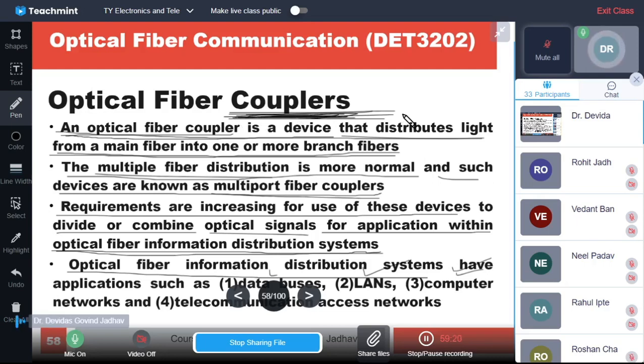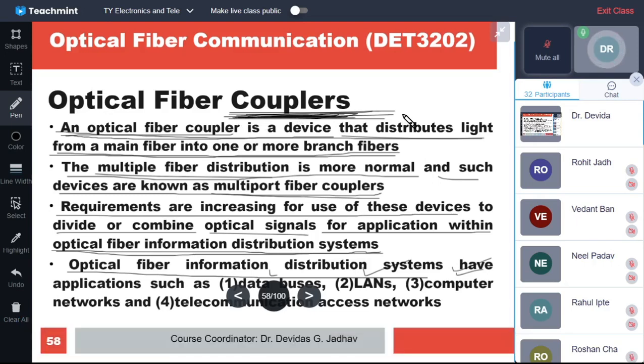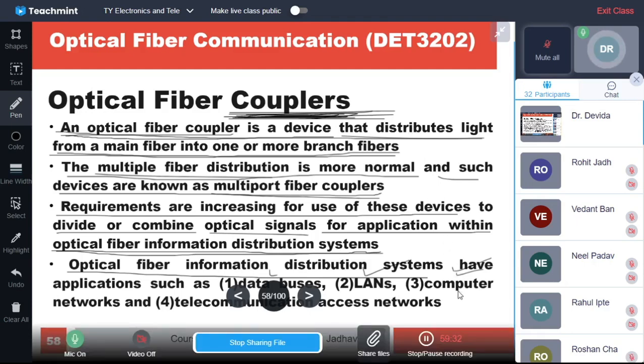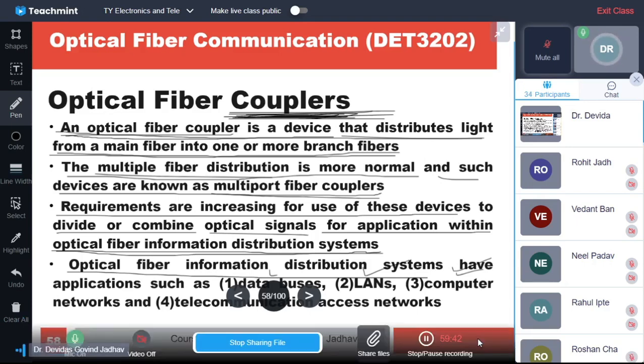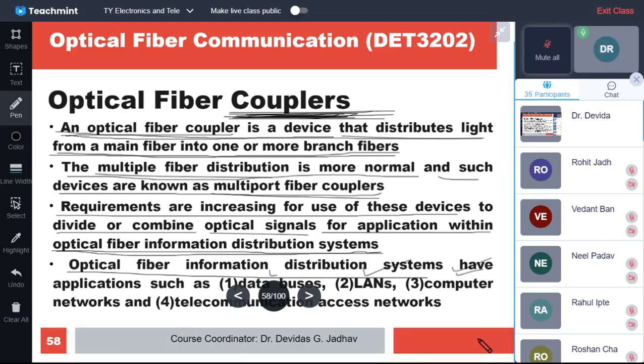So what are the couplers? Optical fiber couplers are the devices that distribute the light from the main fiber into one or more branches. The coupler is the device that distributes the light from the main fiber into one or more branch fibers.